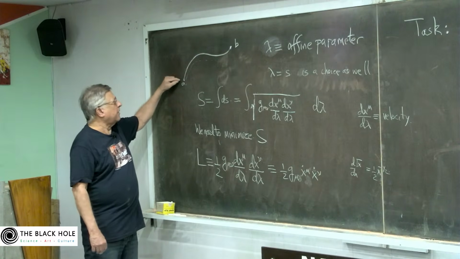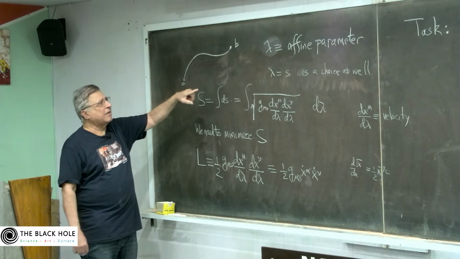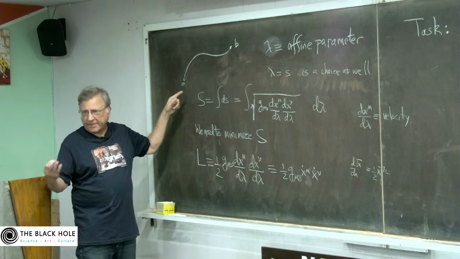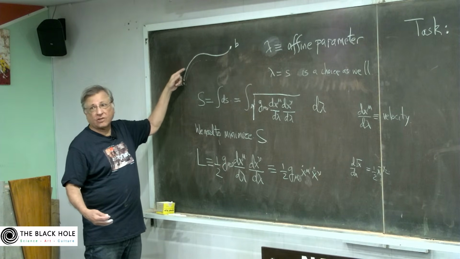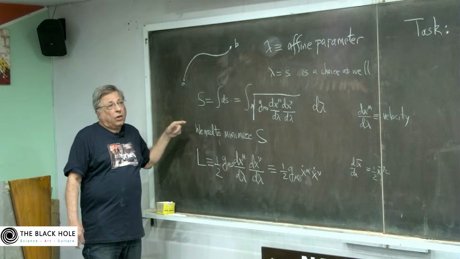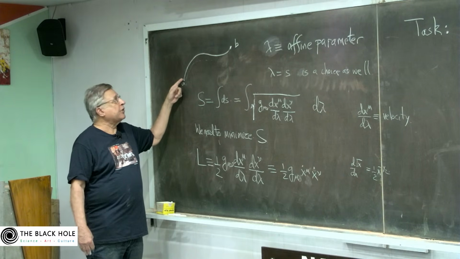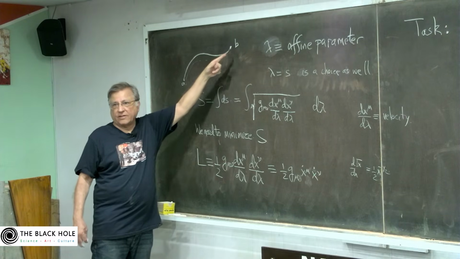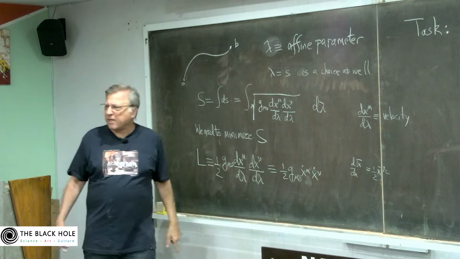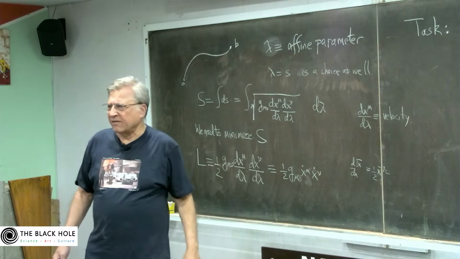So lambda can be time, but lambda can also be the distance along the path. It's just something that has to keep increasing as you walk along to the final destination. What else could it be? Use your imagination.